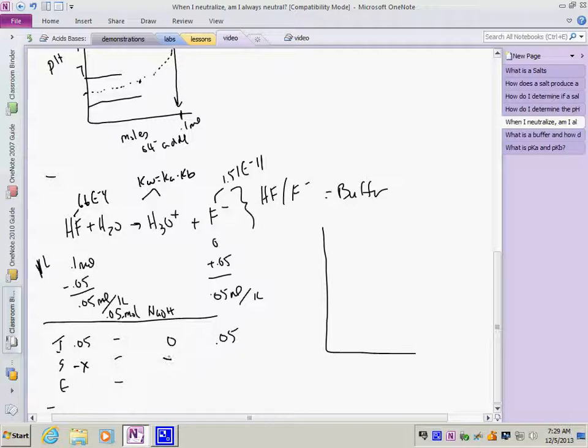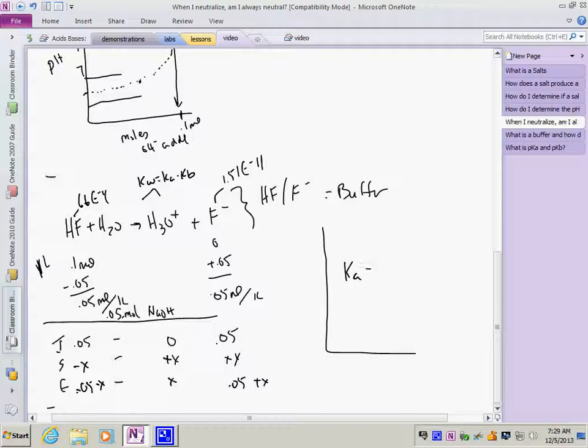Minus x, plus x, plus x, to be 0.05 minus x, x, and 0.05 plus x. I would plug it into this hydrolysis equation, even though it really doesn't matter. I'm going to put it right here. It doesn't matter if you use the acid or the base version. I'm using the acid equation, so I can use the acid Ka.